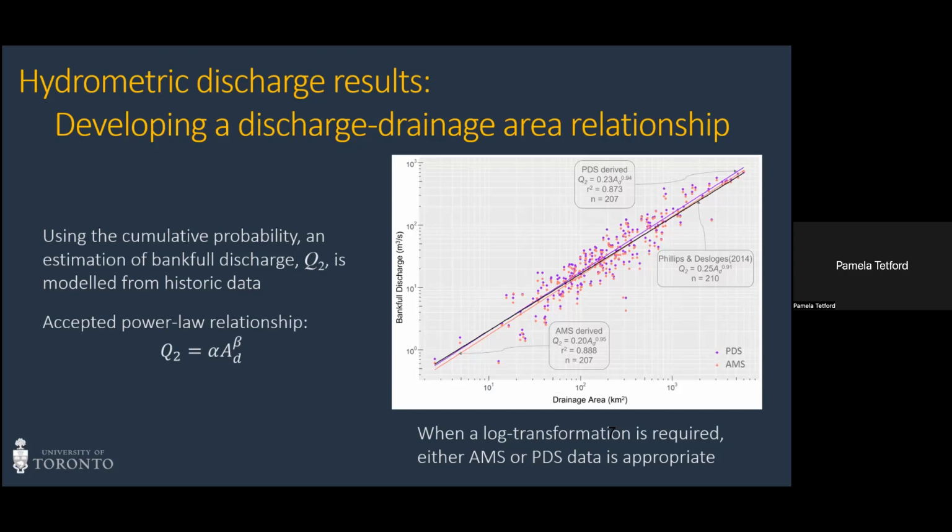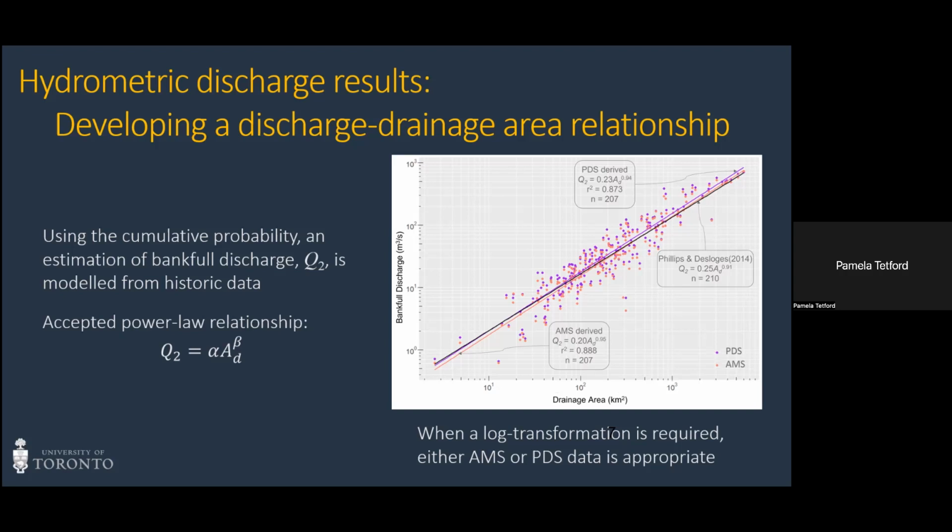The equation there shows that the equation that we are striving for, it's an accepted power law relationship between drainage area and discharge, where the coefficient alpha and the exponent beta is empirically derived using statistical regression. And this allows us to take the information from the gauge data and apply it to each of the ungauged survey sites that we have throughout Southern Ontario.